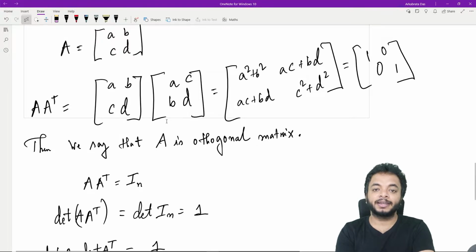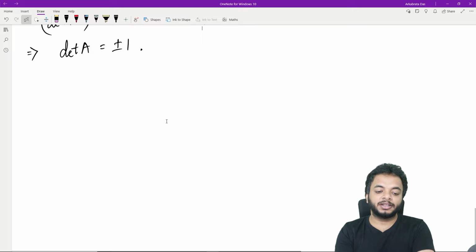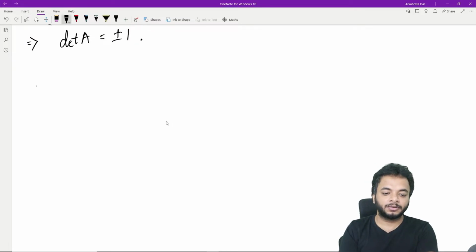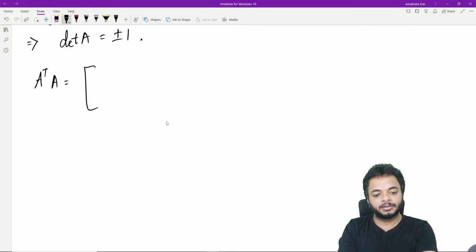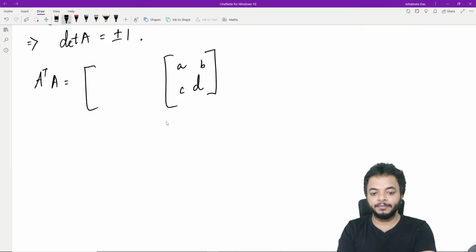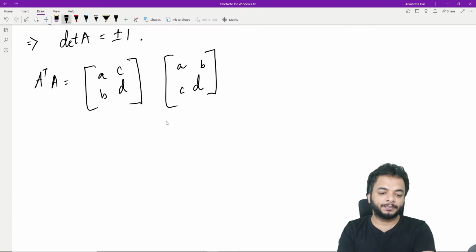Now you see that A times A transpose is this, but what about A transpose times A? A was the matrix with rows a, b and c, d. So A transpose would be a, c and b, d.